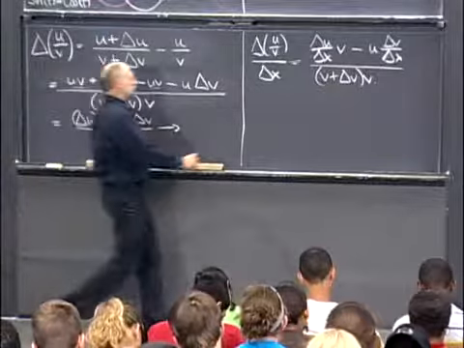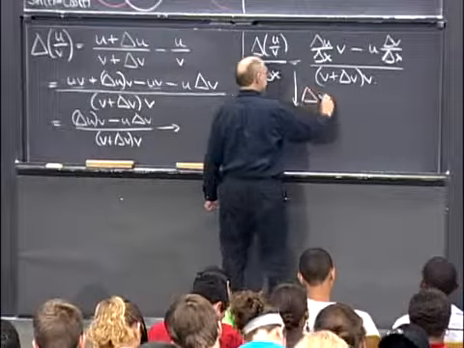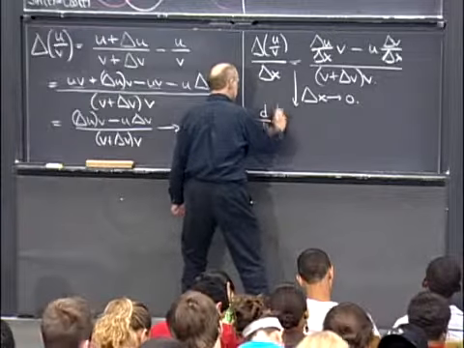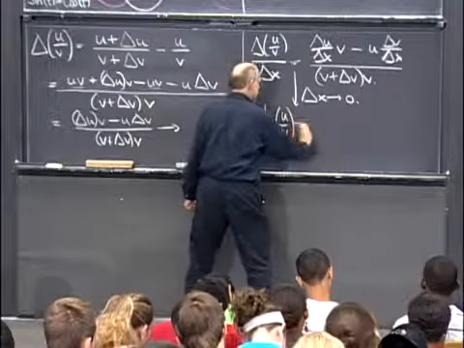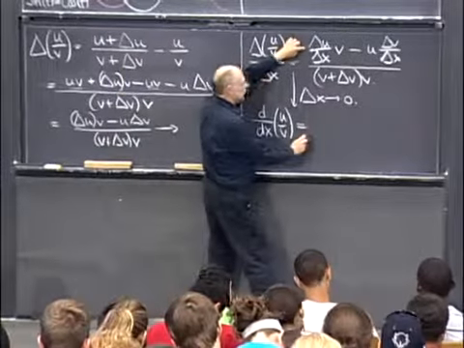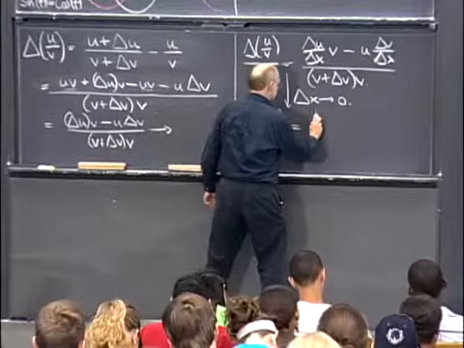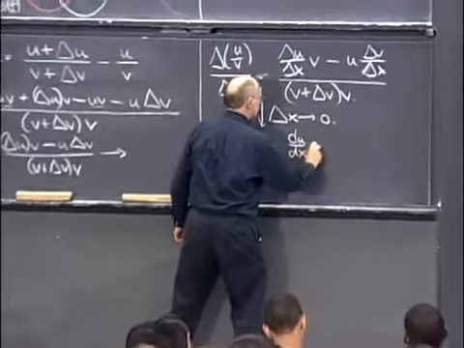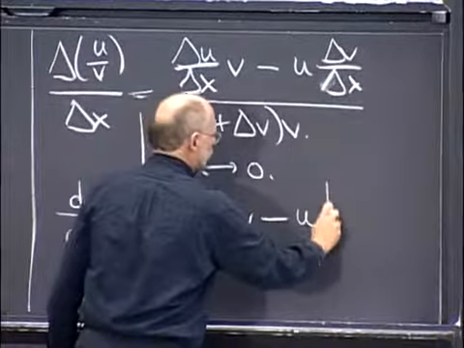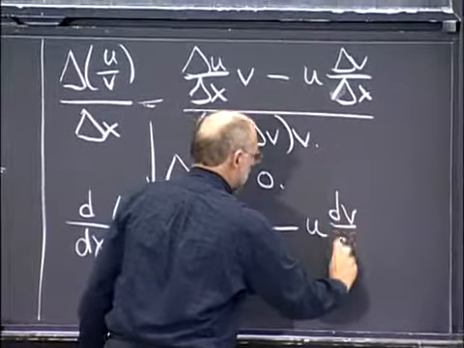Next up, take the limit as delta x goes to 0. I get, by definition, the derivative of U over V. And on the right-hand side, well, this is the derivative du dx, right? Times V, and then U times, and here it's the derivative dv dx.